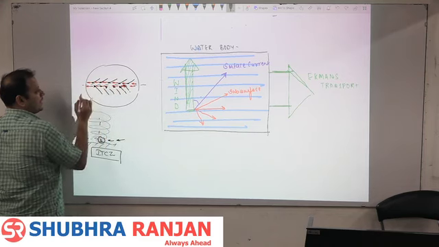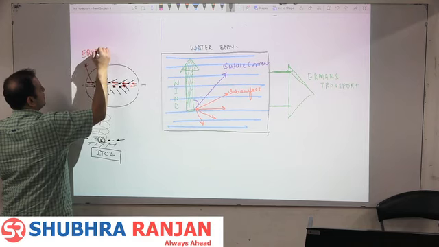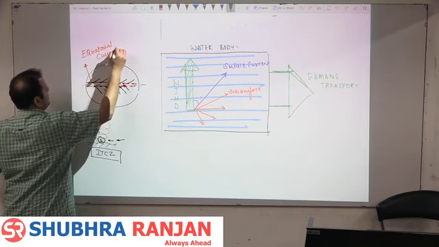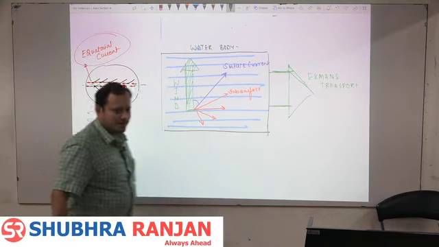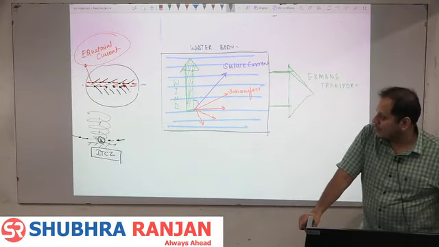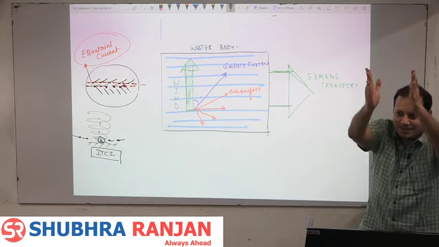So Ekman transport gives rise to the equatorial current. Understanding? Ekman's transport gives rise to the equatorial current. On the equator the wind is going a bit like this.